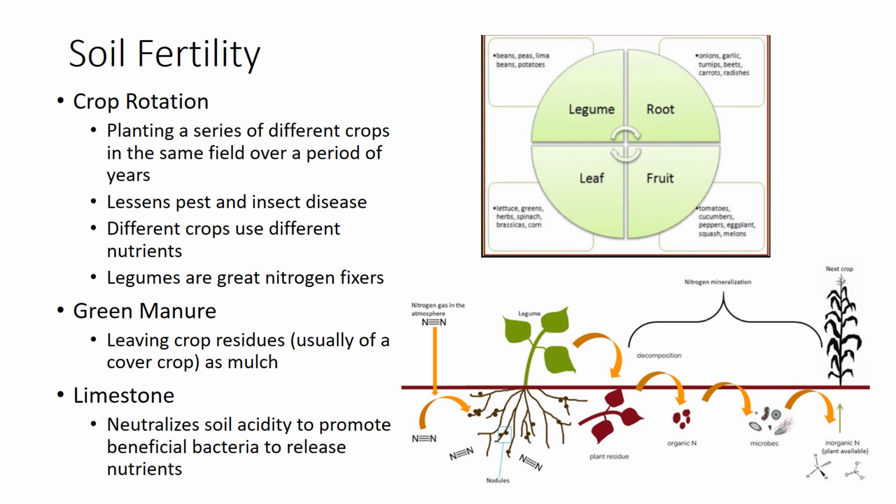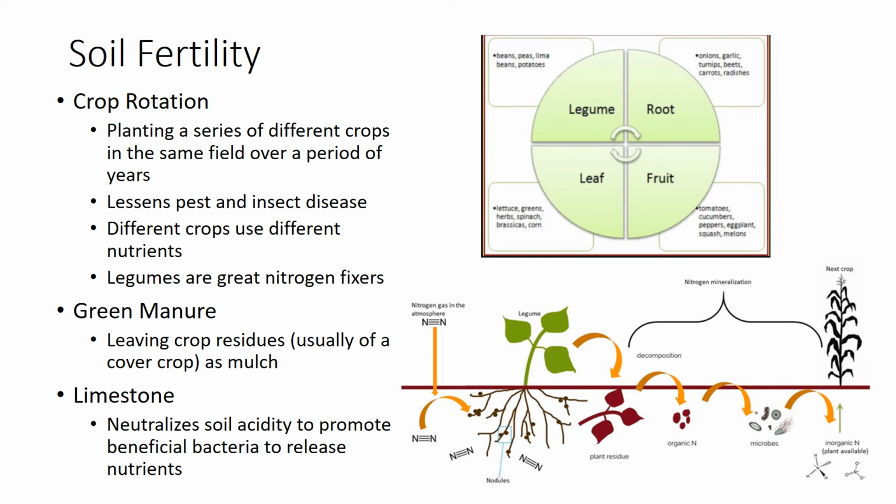Another really big thing is different crops use different nutrients. And so, for example, let's say, again, we'll go back to tomatoes, which are actually pretty nitrogen heavy users. They love nitrogen. They just eat it up. Num num num, right?